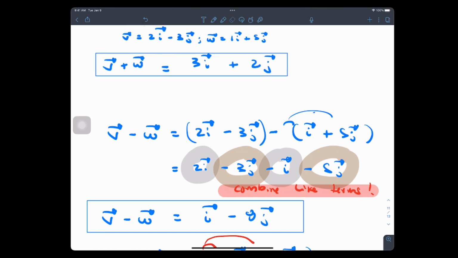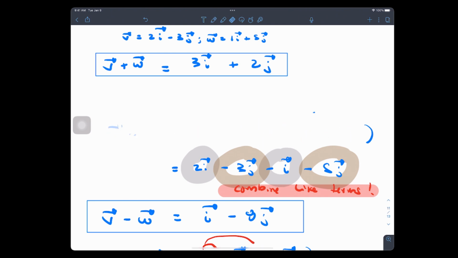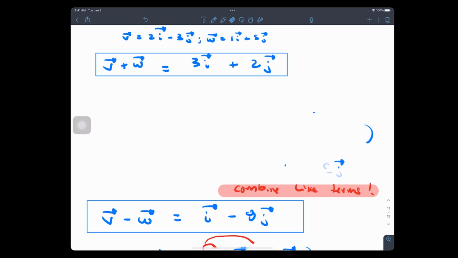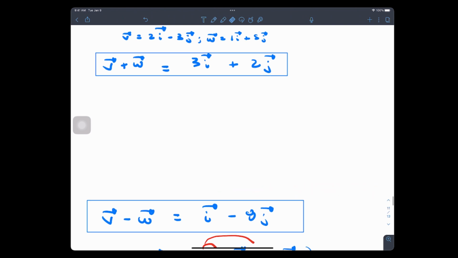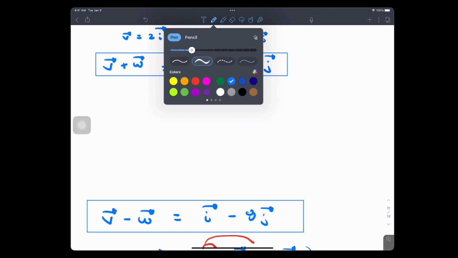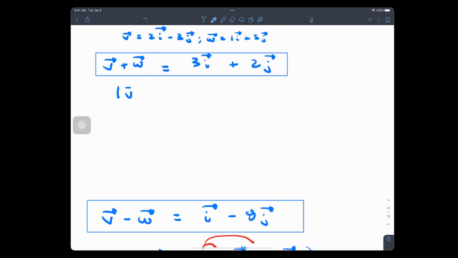Okay. Do you have the difference? Okay, so how about this? How do we take the magnitude of V and W? Do you guys know?